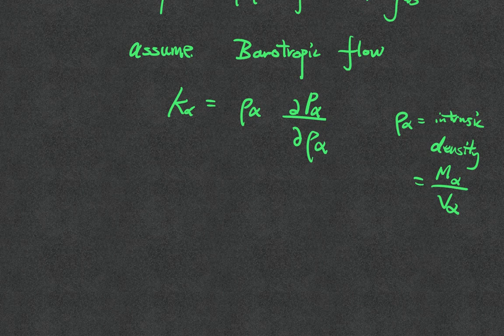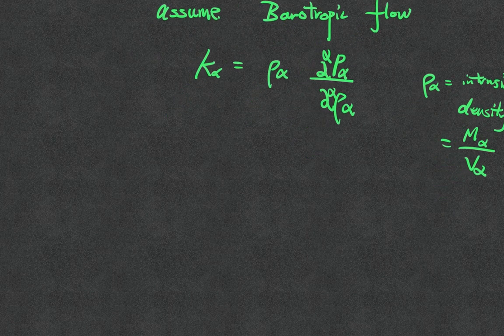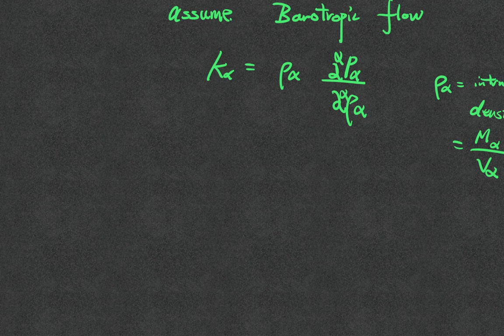Now, if we take the time derivative, I think I need to use the total derivative. If I take the time derivative of this K alpha, there's also another expression. Let me consider these alternative definitions. I'll take the time derivative on both sides.